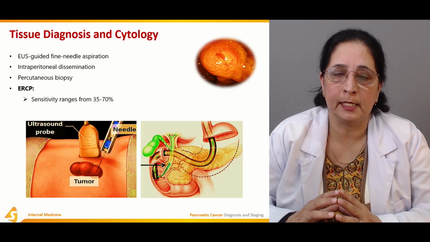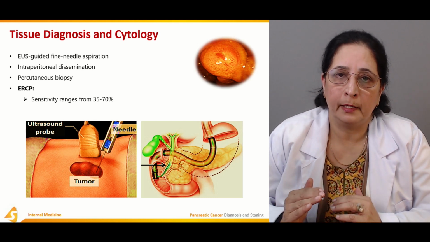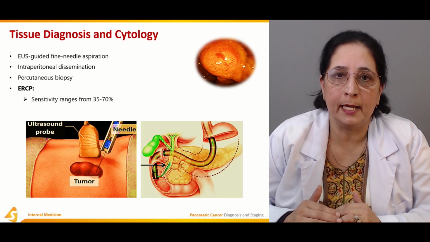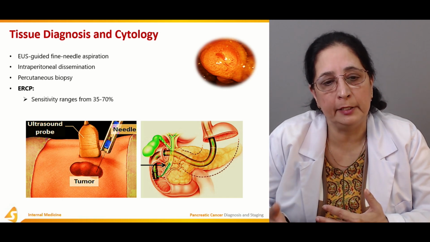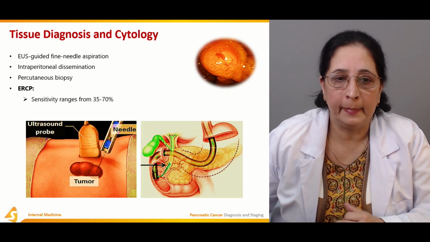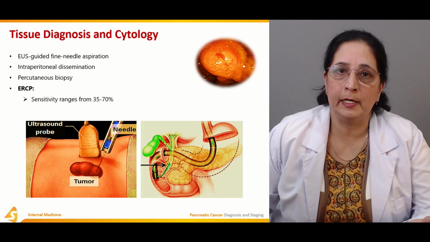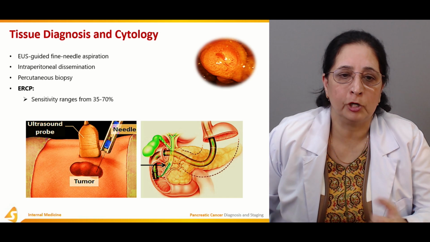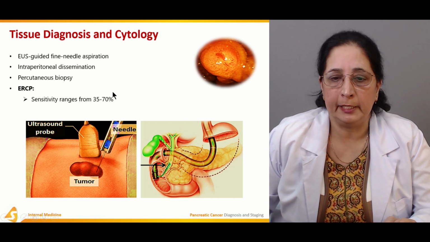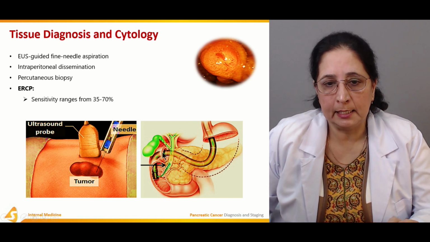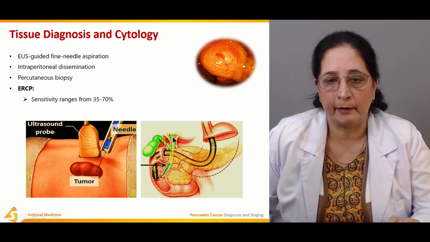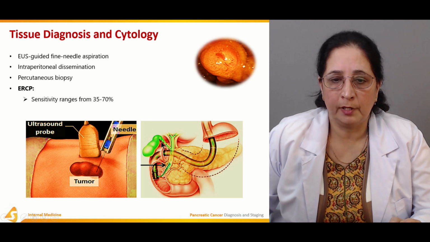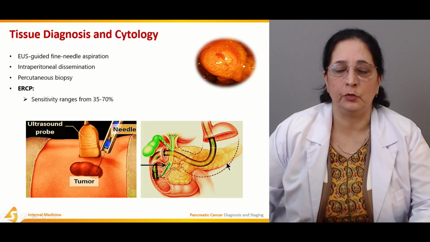So different tests are done for getting the tissue and the cells for the examination to rule out the malignancy, or to see if it has already spread in the abdomen, which is intraperitoneal dissemination. Again, this diagram shows the gallbladder, then the biliary tree, the pancreas, and this C-shaped structure, which is the duodenum.